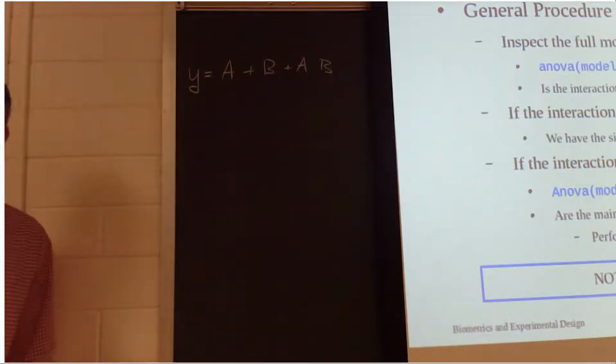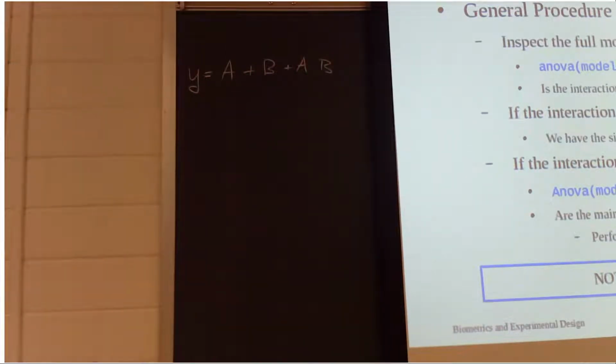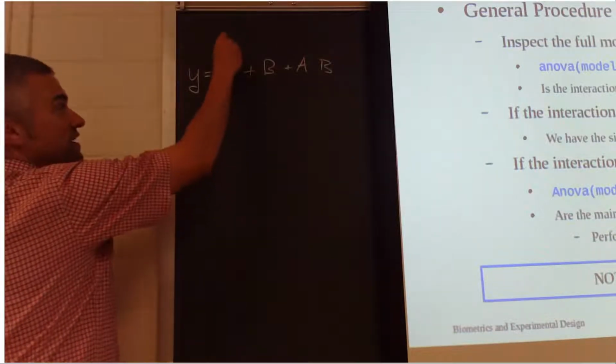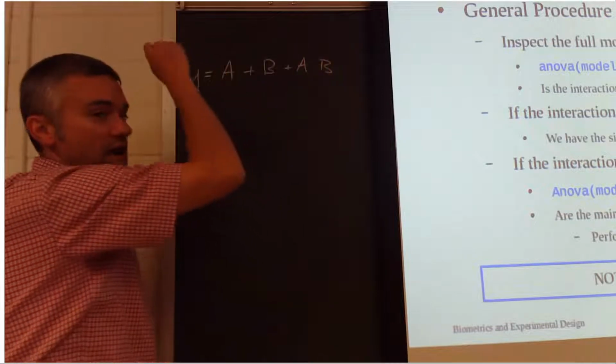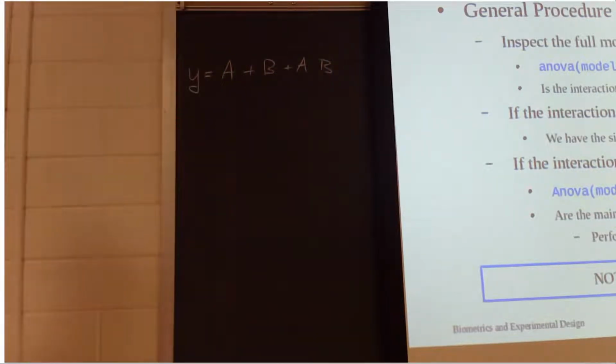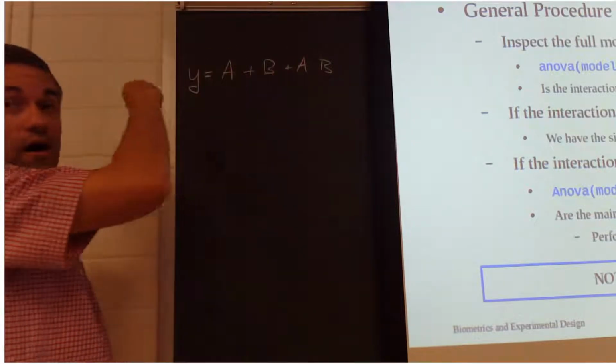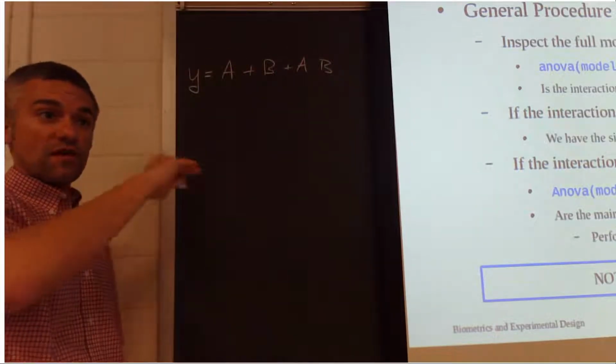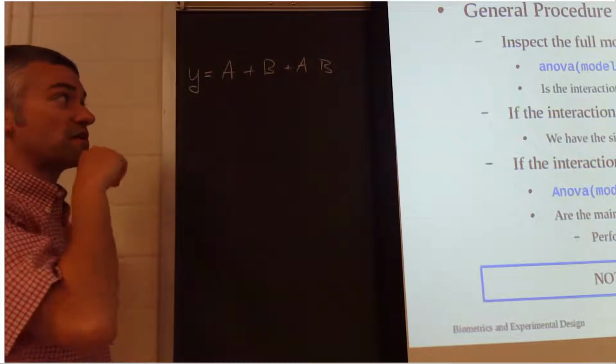Two-way interaction term. This is two-way model. We've got our main effects here, A plus B, and we have our interaction term. We make this model, we look at the interaction term. If it's significant, this is our model. This is our simplest model. It explains the most variation.